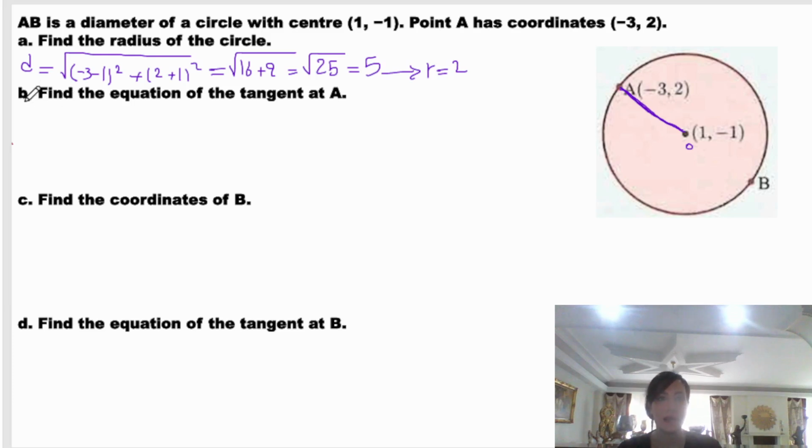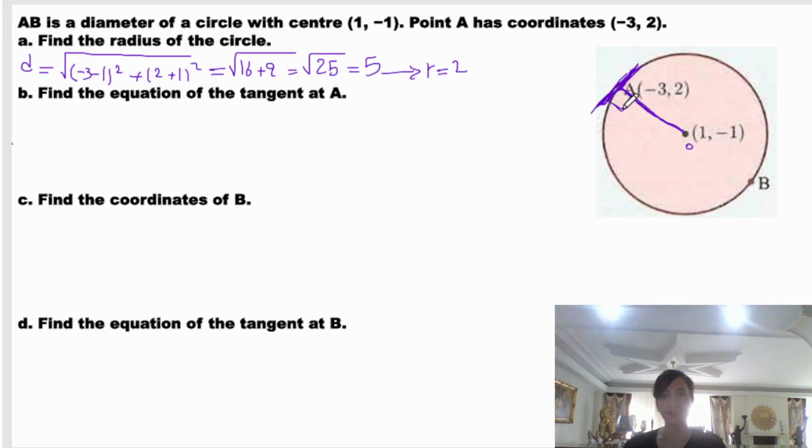I will go for part B. Part B says, find the equation of the tangent at A. For the tangent at A, we know that from the center of the circle to the tangent, they meet each other at 90 degrees.